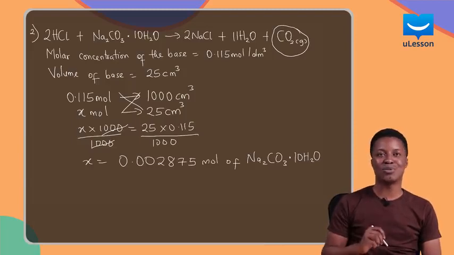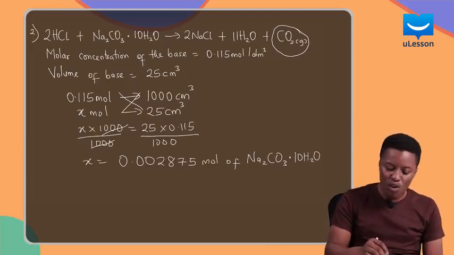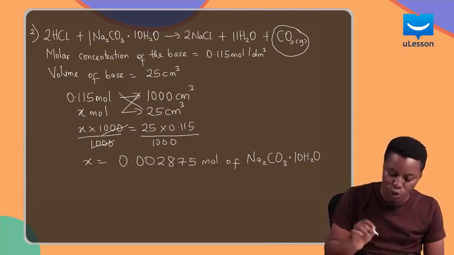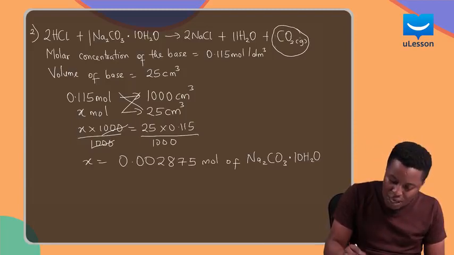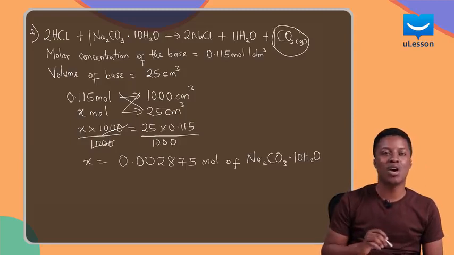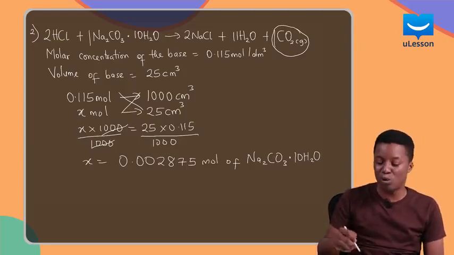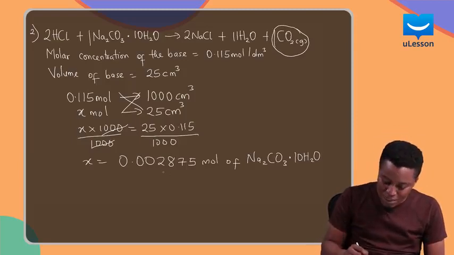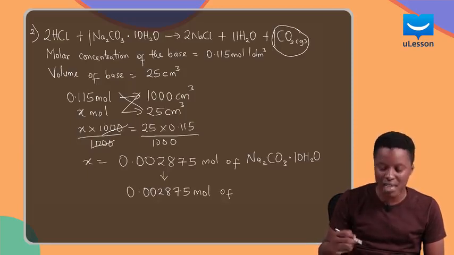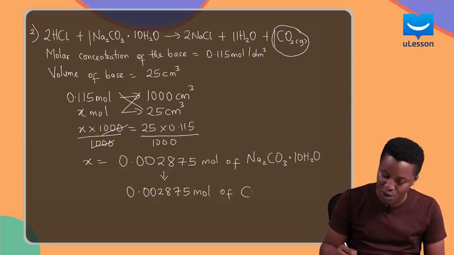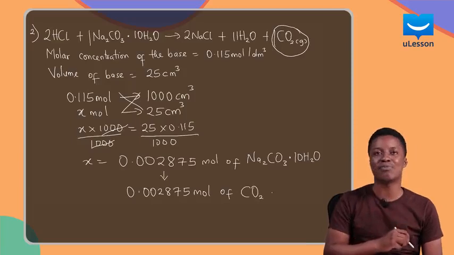Now that's not all. You can see that 1 mole of the base produced 1 mole of carbon dioxide gas. What this means is that 0.002875 moles of this base will produce the same amount of carbon dioxide gas. So the number of moles of carbon dioxide gas produced will be 0.002875 moles of CO2.